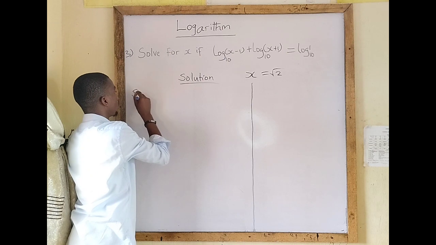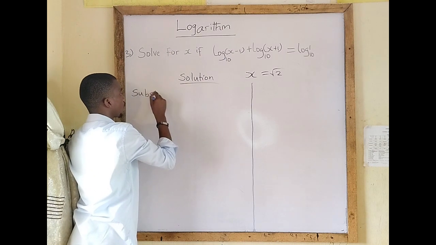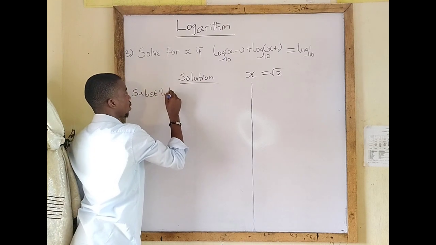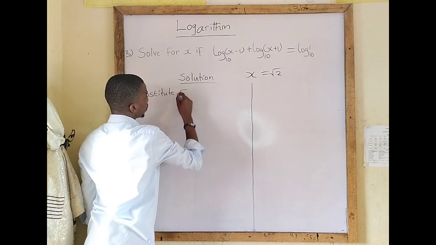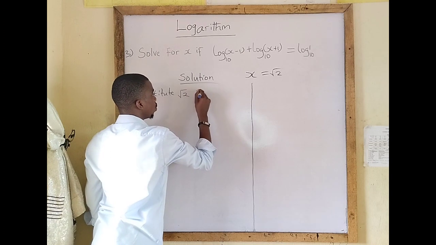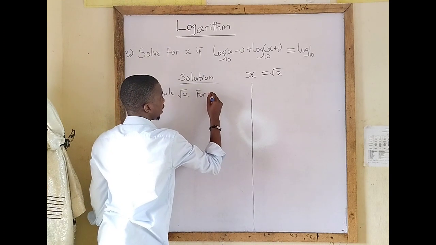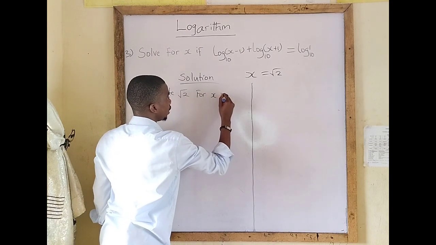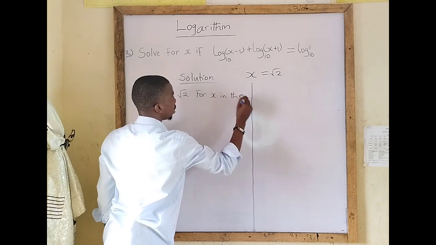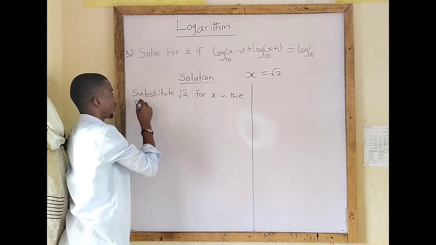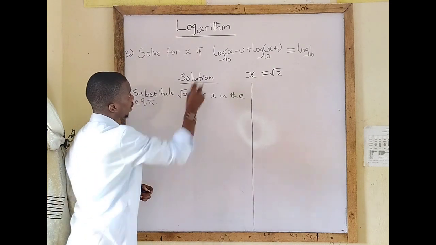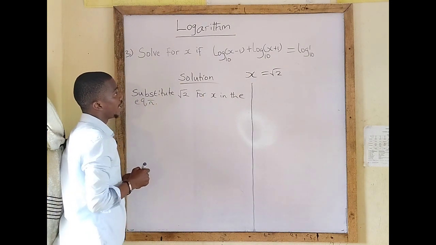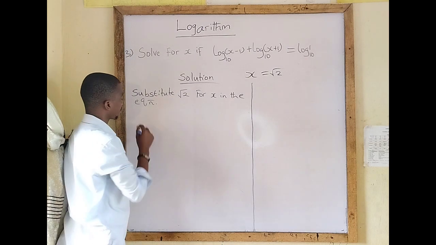So substitute root 2 for x in the equation. When we have x, we'll put root 2.